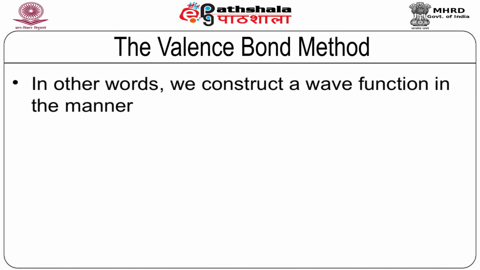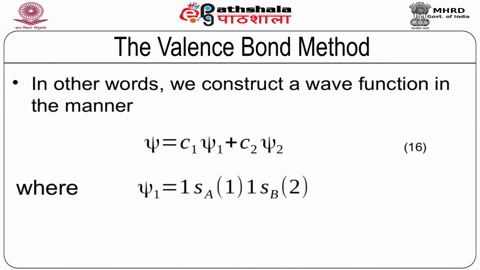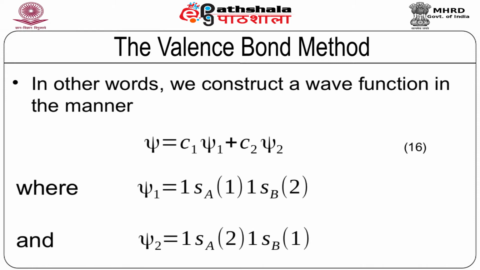So, in other words, we construct a wave function in the manner psi equals C1 psi 1 plus C2 psi 2, where psi 1 equals 1sA(1) 1sB(2), where electron 1 corresponds to atom A and electron 2 corresponds to atom B, and a second wave function psi 2 that is equal to 1sA(2) 1sB(1).